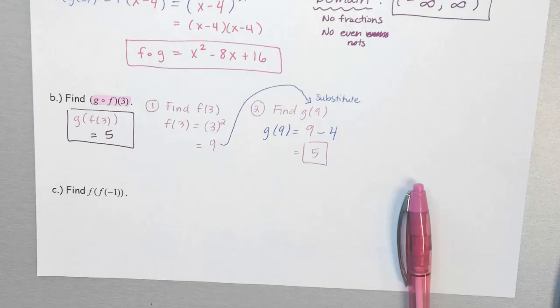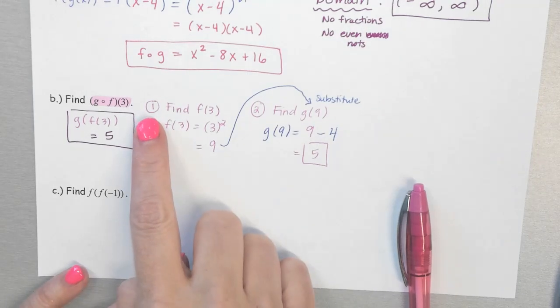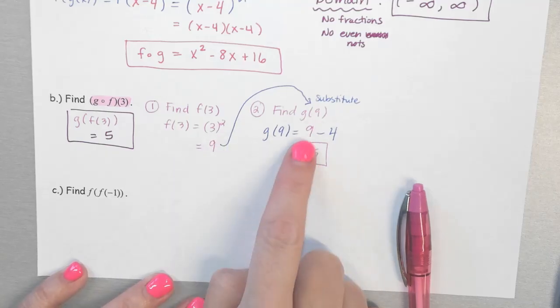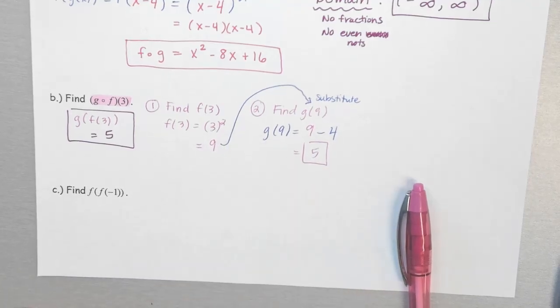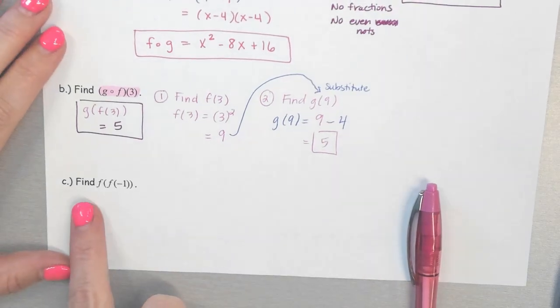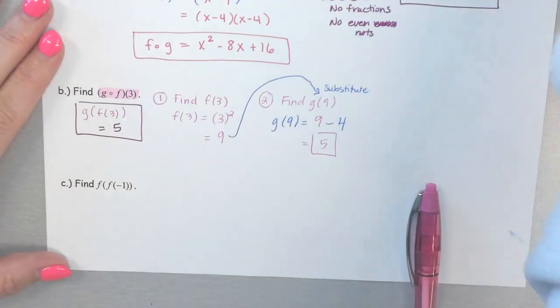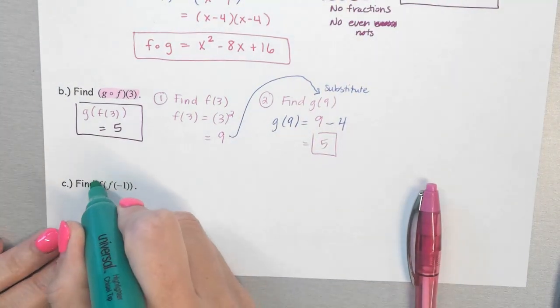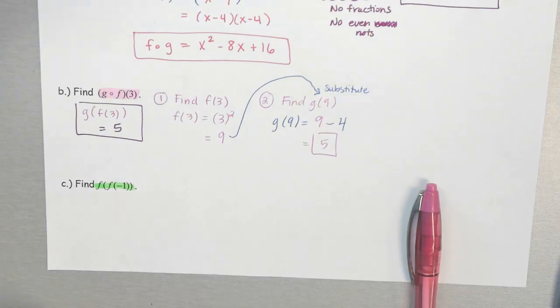When you're doing that on your own, like I said, it'll be really quick. For step 1, you'll know it's 3 squared, and then you'll plug in 9, that'll be 5. Based on that, do you guys think you can do the 2 steps for C, which is f of negative 1? So we're going to start with the inside.